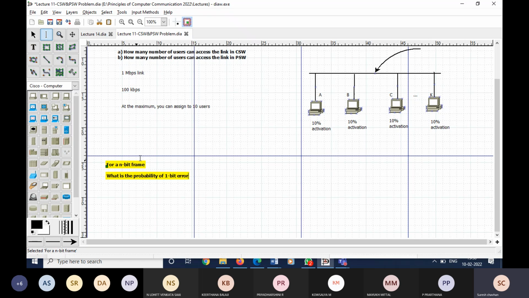In the frame, if you think of a complete frame, it has n bits. So what is the probability of 1 bit error? Can anyone tell? What will be the answer for this?